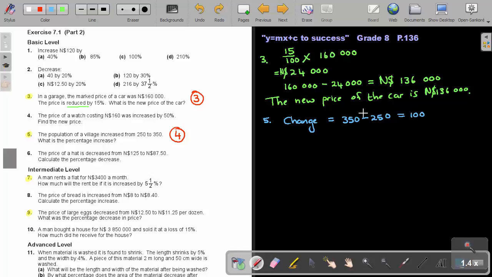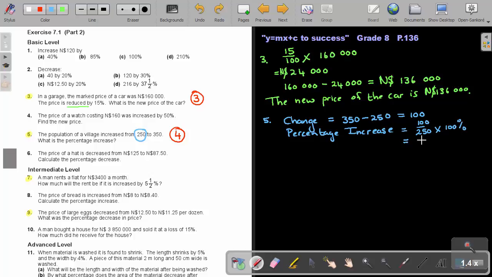Now, to find the percentage increase, I'm going to take that 100 and put it over the original one. Remember, the one they mentioned first, and that was 250. Then to make it a percentage, I multiply by 100%.